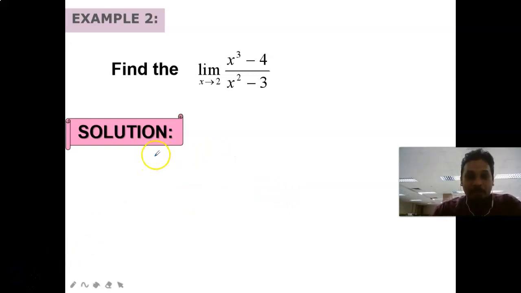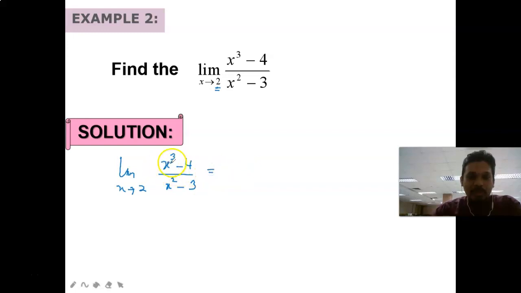So let's see whether, if we directly substitute x equal to 2 into both of these, it will give you 0 or not. The limit as x approaches 2 of x cubed minus 4 divided by x squared minus 3.